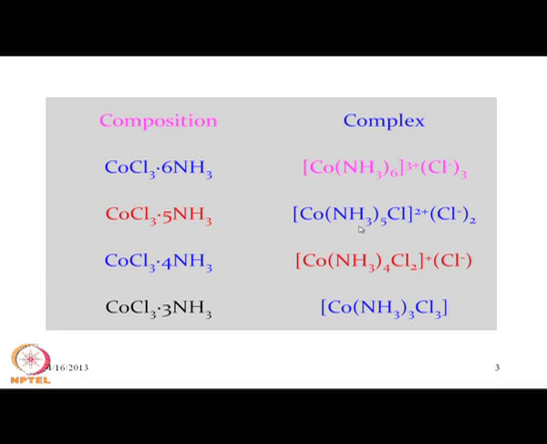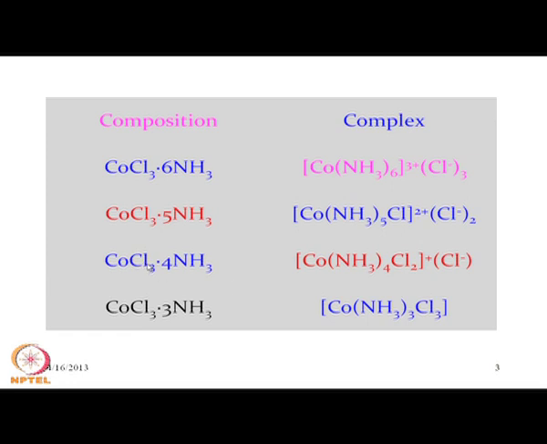So, this particular species is different from the first one in the sense that it has 6 ammonia surrounding the metal center. Here one of them is not ammonia, but it is a Cl. That means, we have the Cl group directly attached to the cobalt center.